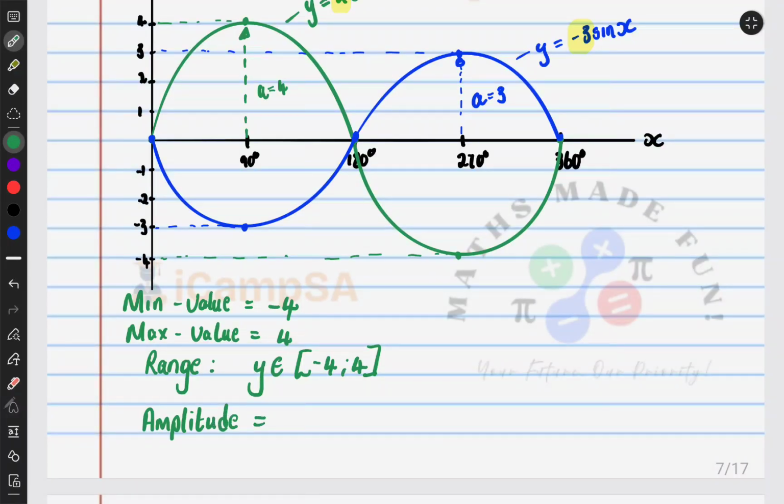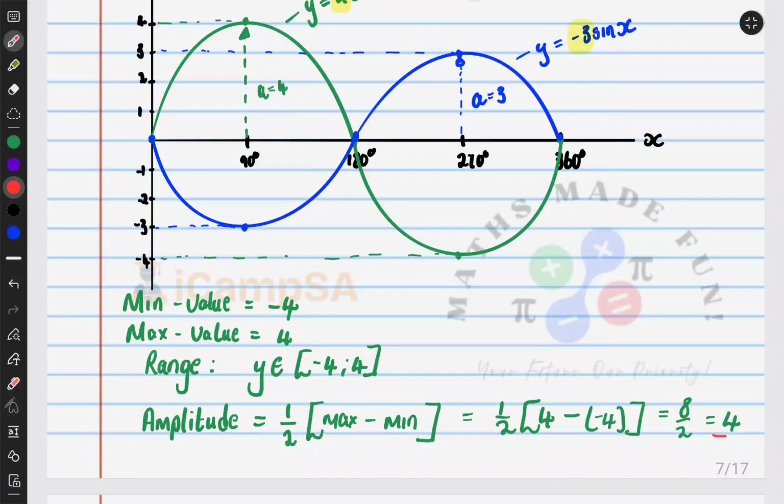The amplitude is equal to 1/2 times the maximum value minus the minimum value. The maximum value is 4 minus the minimum value, which is -4. So it is 4 minus -4, therefore 4 plus 4, which is 8, divided by 2. Therefore the amplitude is 4.